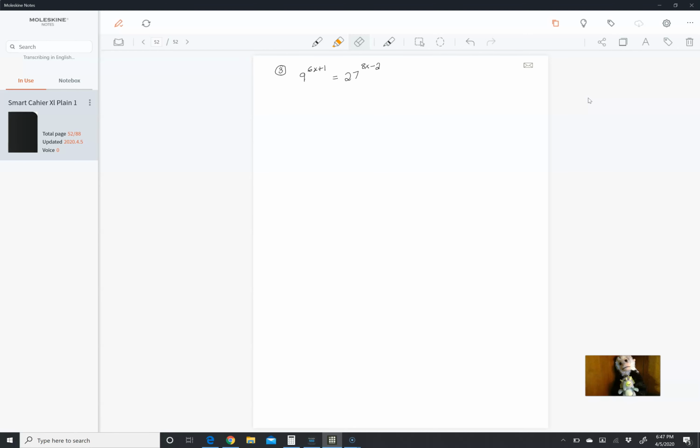Okay, so we have to ask ourselves again, can we express 9 and 27 as the same base? And here the answer is yes, because they're both powers of 3.